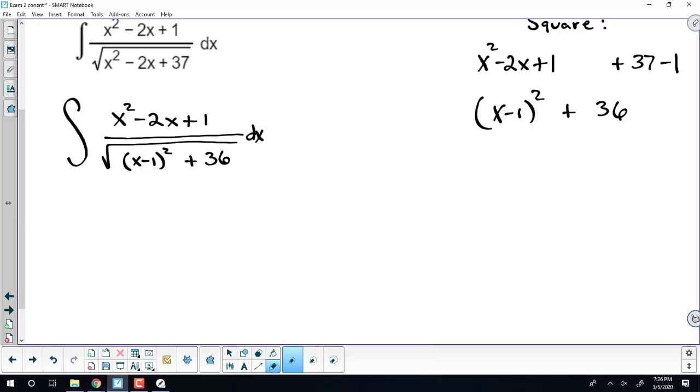But yeah, this quantity here, the x squared minus 2x plus 1, is also up top. So if we rewrote that, we kind of have the same quantity here that we do under the radical.